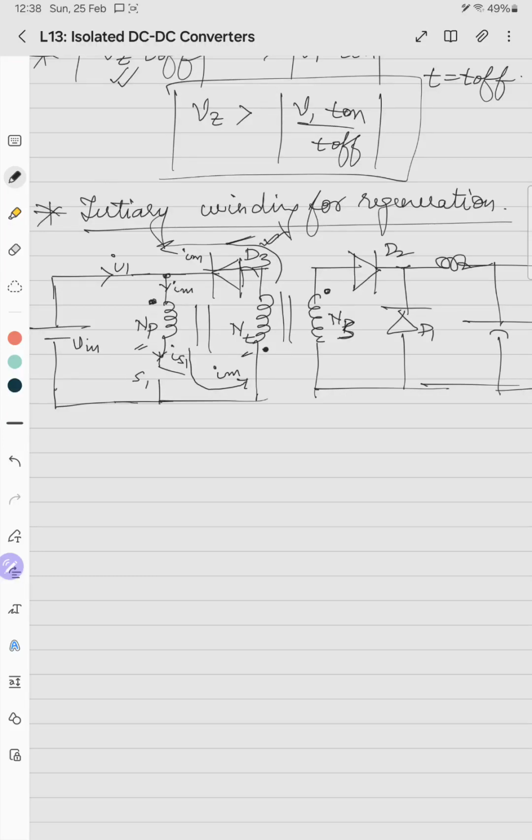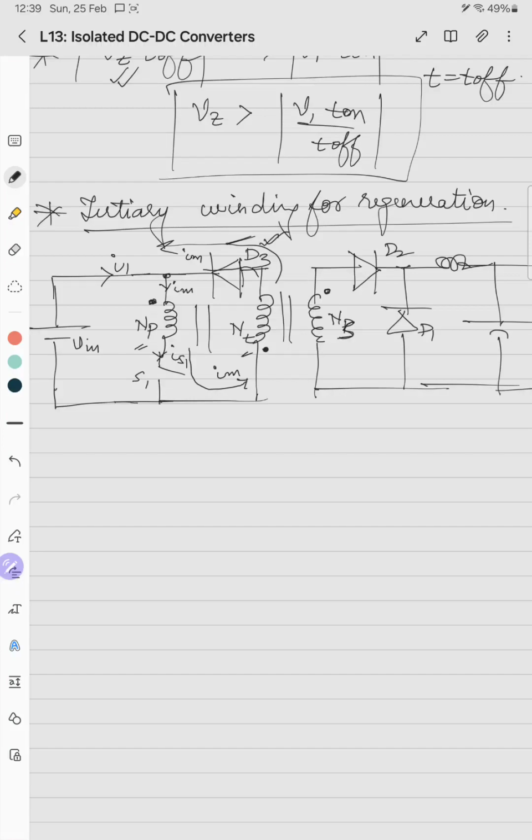Without using a tertiary winding, this cannot be achieved. The tertiary winding will forward bias the diode, which is also forward biased by IM. So the current IM, the current used for demagnetization of the core, will go back to the source.